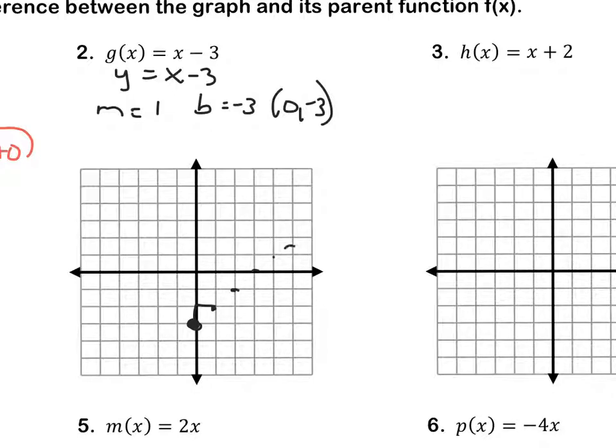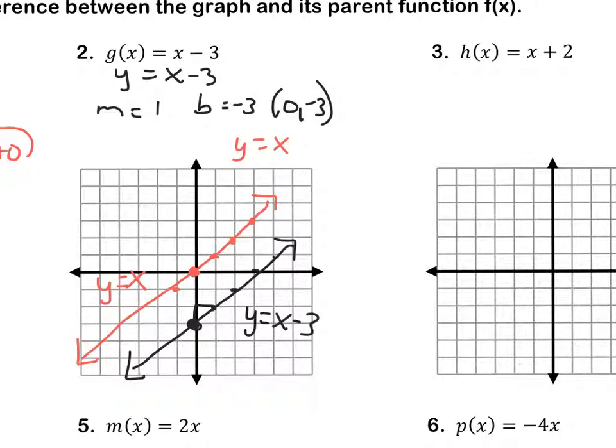So I can draw a line right here, and then I label the line. And now I need to draw the parent function. Remember, the parent function is y equals x, where the slope is 1 and the y-intercept is 0. So this would be the rise of 1, a slope of 1. This is going to be the parent function, which we also label as y equals x. So there's our two lines.